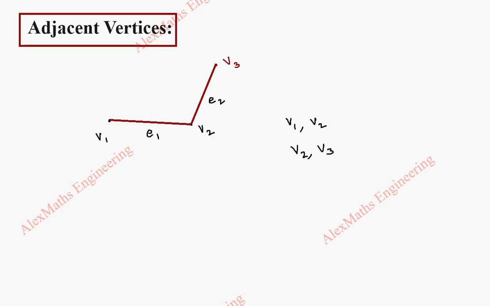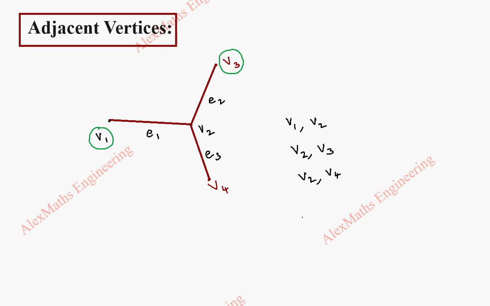Suppose I have another vertex V4 here which is connected to V2 and I name this edge E3, so V2 and V4 are connected with the edge E3, so this pair is known as adjacent vertices. And here there is no connection between V1 and V3.